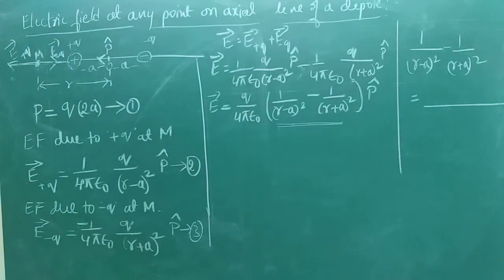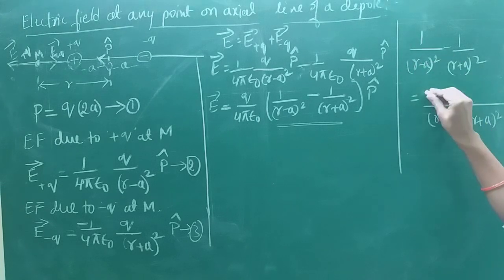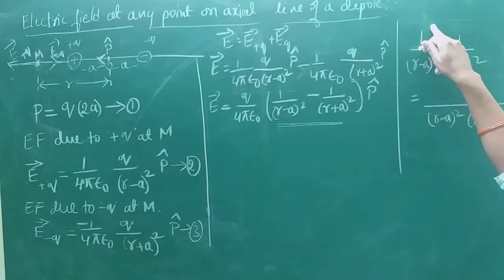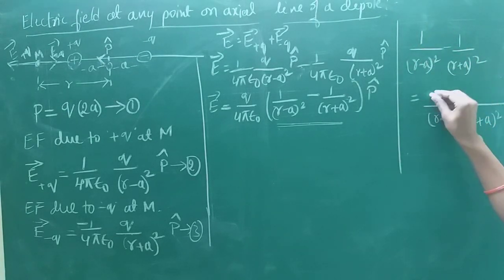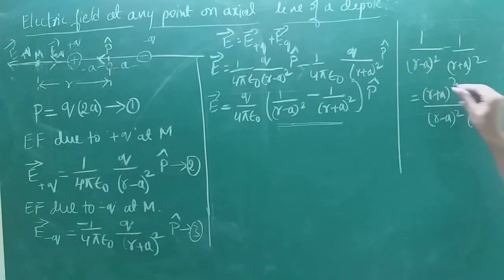So by taking the LCM, we write (R minus A) whole square into (R plus A) whole square in the denominator. In the numerator, (R plus A) whole square into 1 is (R plus A) whole square, and minus into plus is minus, 1 into (R minus A) whole square is (R minus A) whole square.